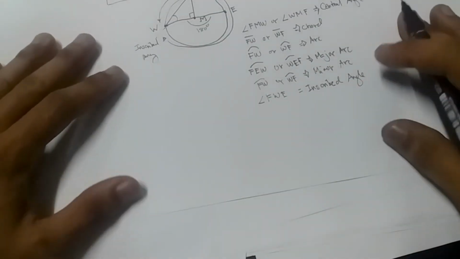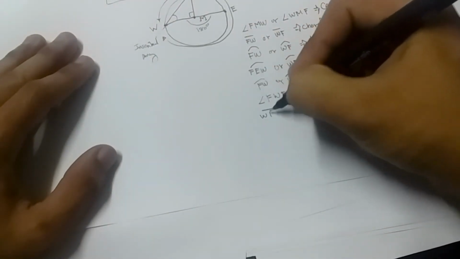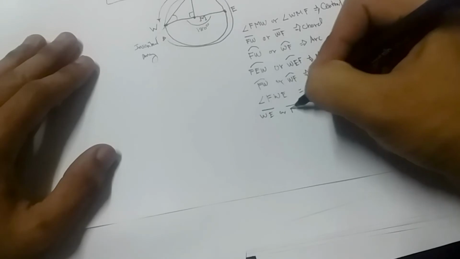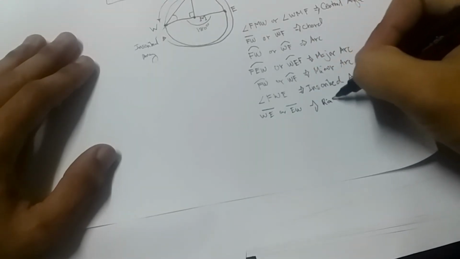So we can notate this one as diameter segment WE or segment EW. This is our diameter.